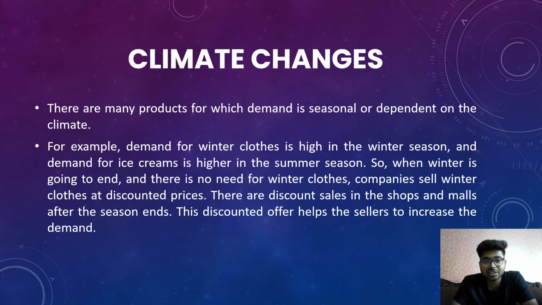Whereas during winters we prefer sweaters and jerkins. In the rainy season we can see a lot of sales increase in umbrellas, raincoats, etc. So according to the climate, the demand will also change.